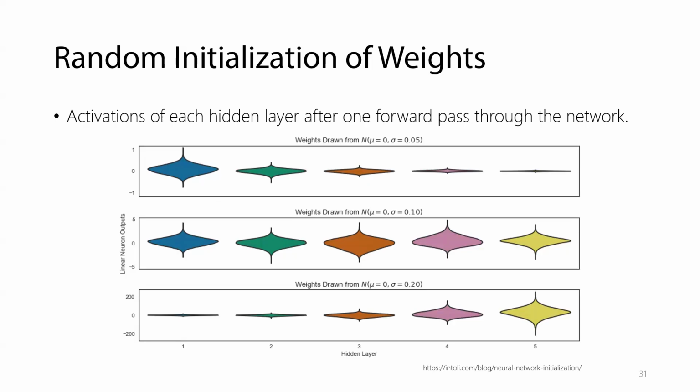So as you go from left to right, on the horizontal axis we have the hidden layers. On this side is the input, and then we go deeper and deeper and deeper.